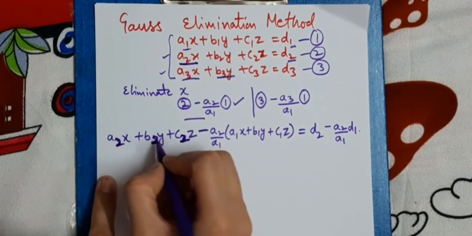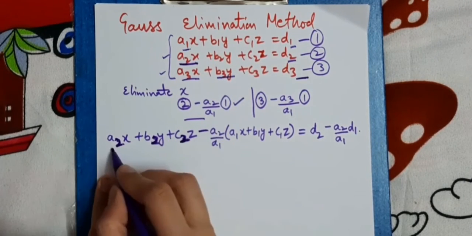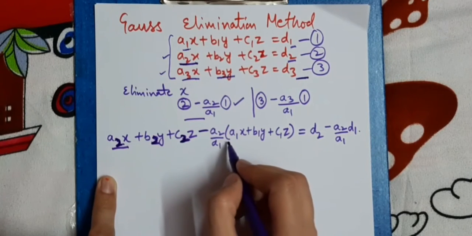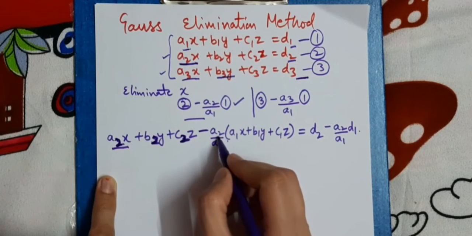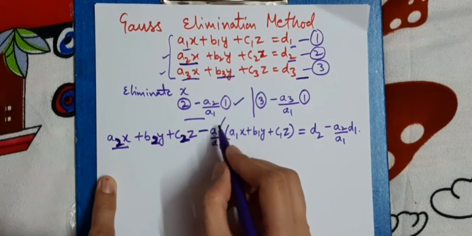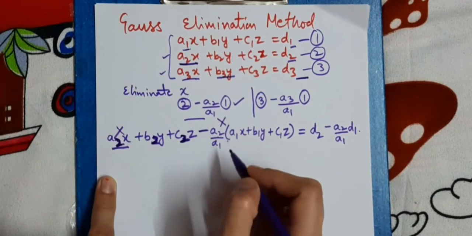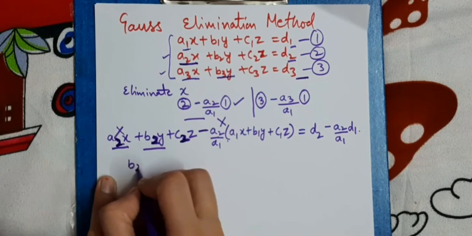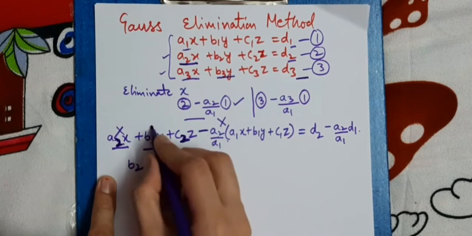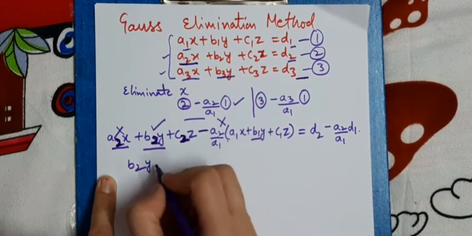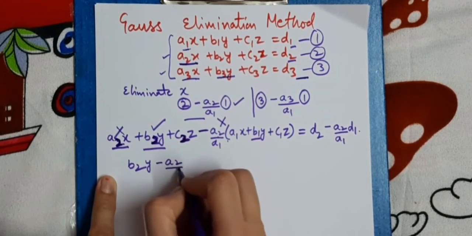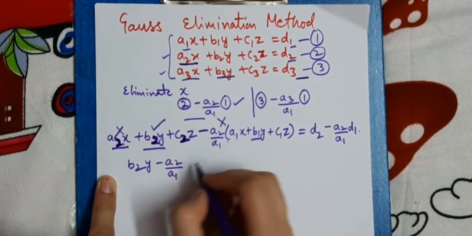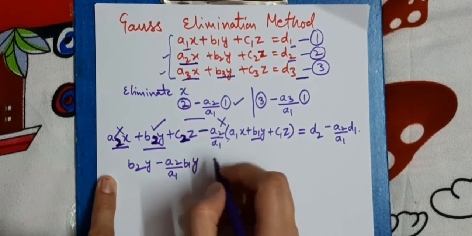Here we have a2x, here a1 cancels, we have minus a2x, so it cancels. Now we collect the coefficient of y: b2 y minus a2 divided by a1 into b1 y.